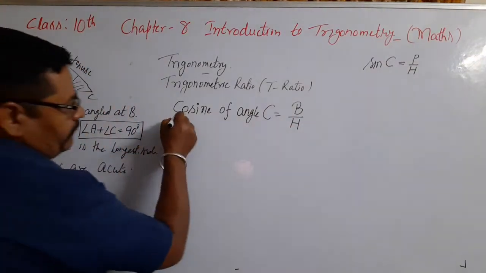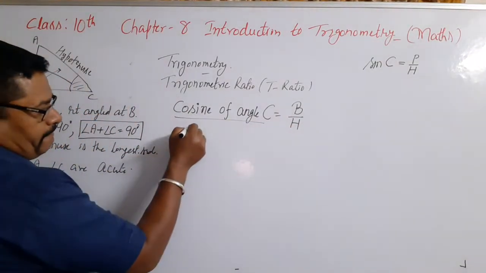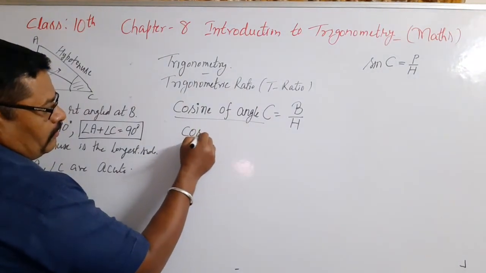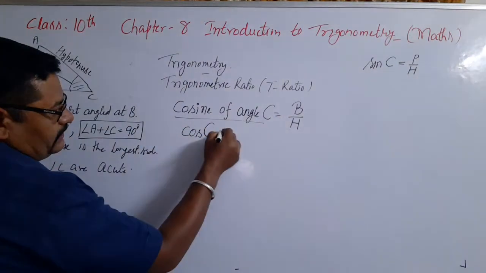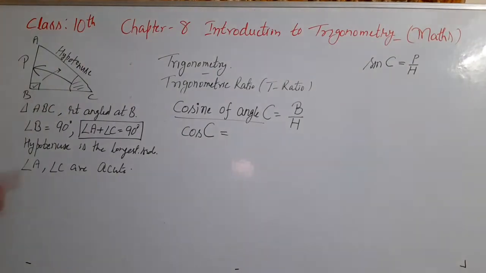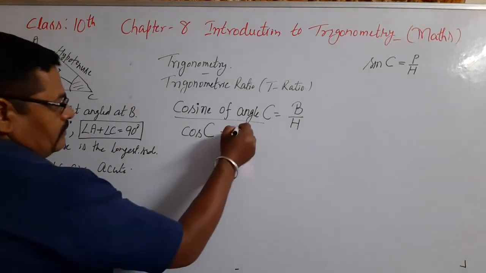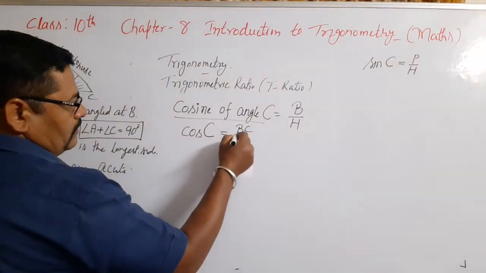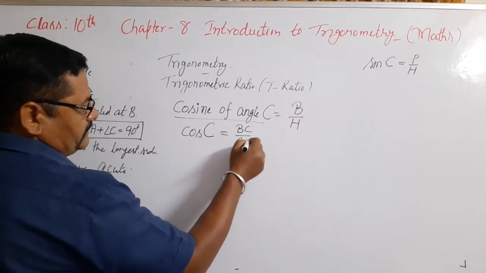Again, the abbreviation of cosine of angle C is cos C, which is equal to base BC upon hypotenuse AC.